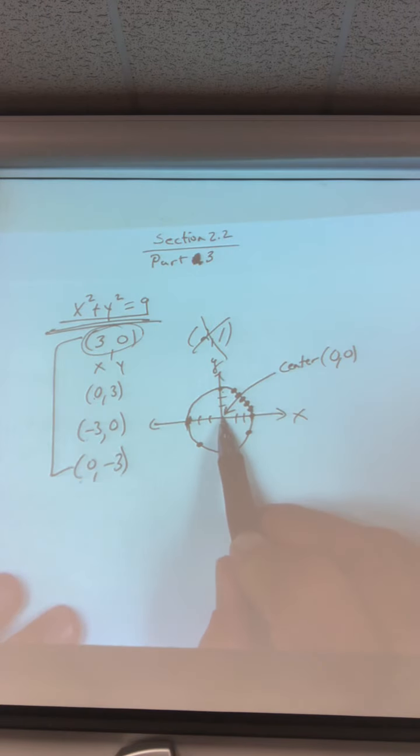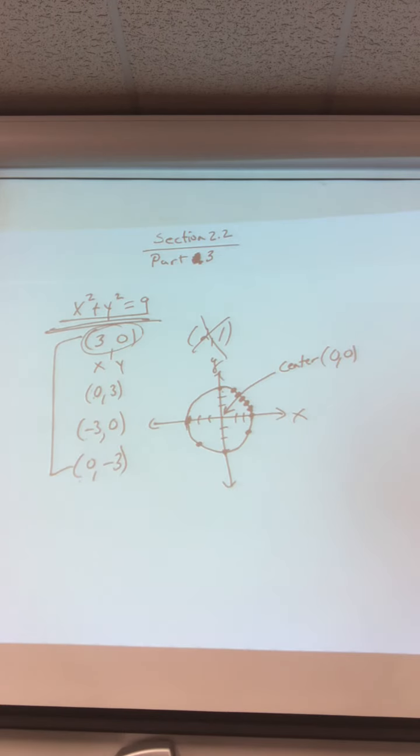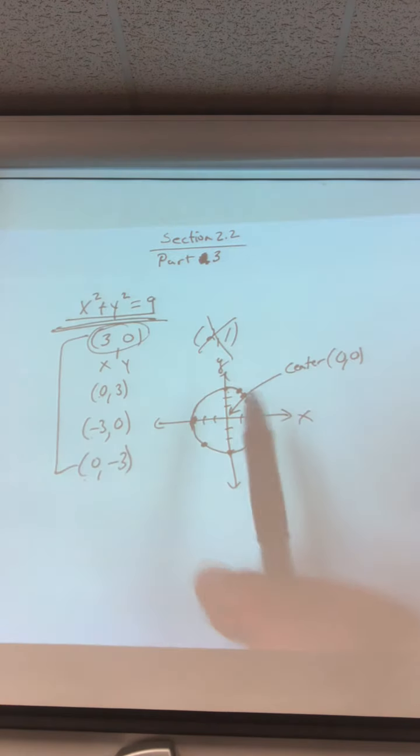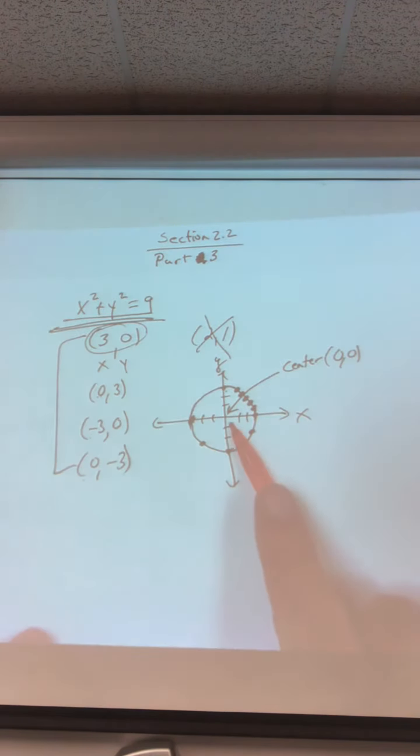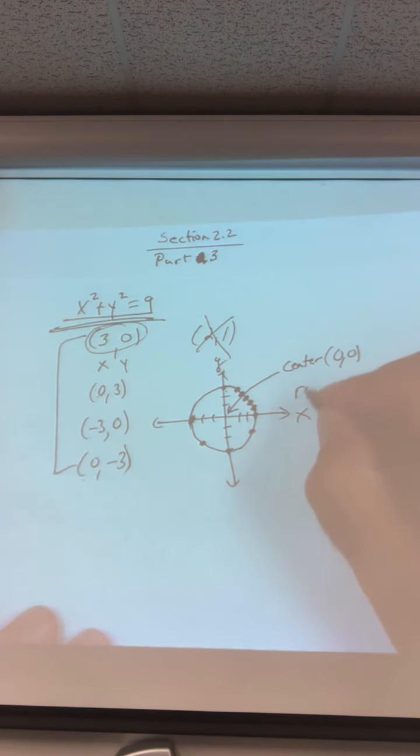So if you measure from here to the circle, that many spaces, that's what your radius is. Well, if you measure from here to over here, that's 1, 2, 3 spaces. 1, 2, 3 spaces, etc. So it appears that the radius of this is 3.